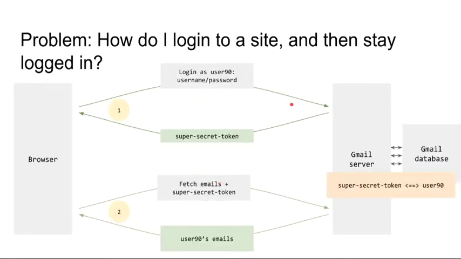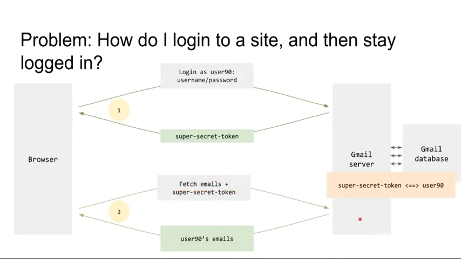Once the login is done and Gmail verifies that the login credentials are correct, Gmail does not just reply saying that the login is successful. Gmail also sends a secret token, and this can be like a 128-bit or a 256-bit string which is sent back to the browser. The next request, for example, the request that is made to fetch the inbox page or to fetch the emails via an API, contains this token.